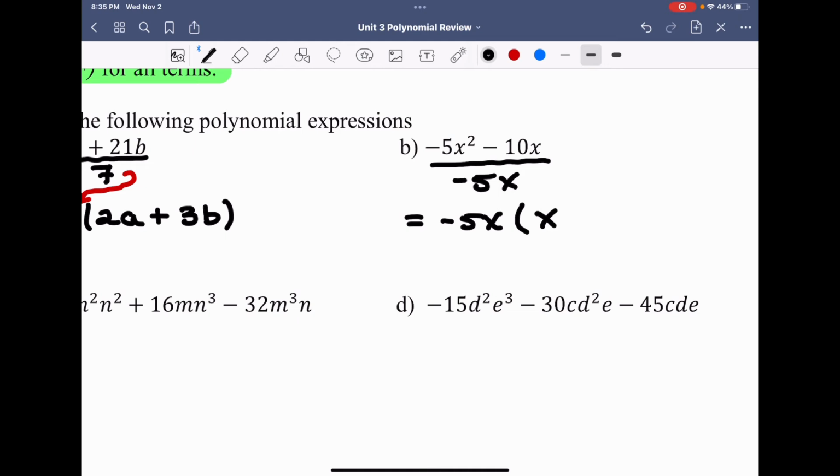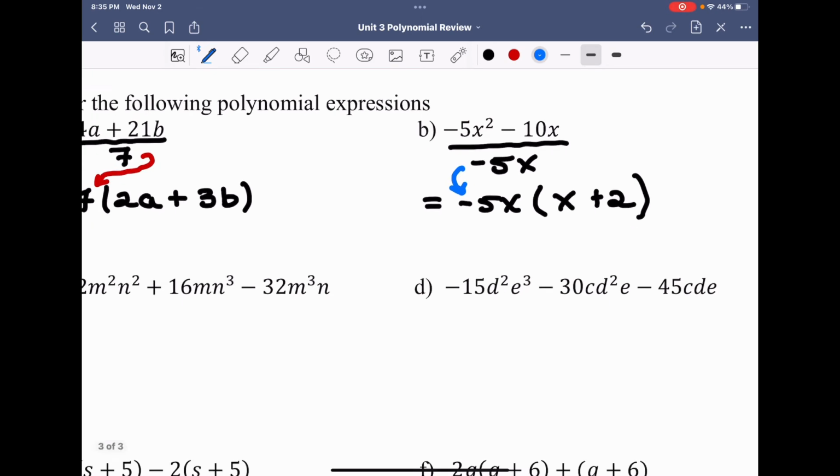Negative 10 over negative 5 is positive 2. And x over x here simplifies down to x to the 0, which is 1. Anything to the 0 is just 1. So we close our brackets and we're done. And yet again, my GCF or whatever was common gets moved out front.